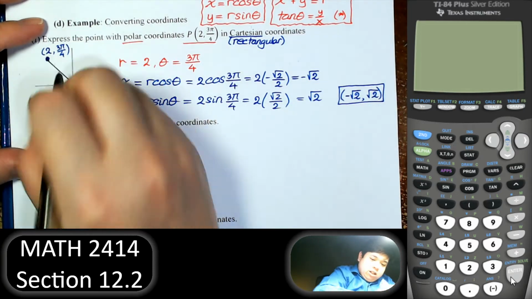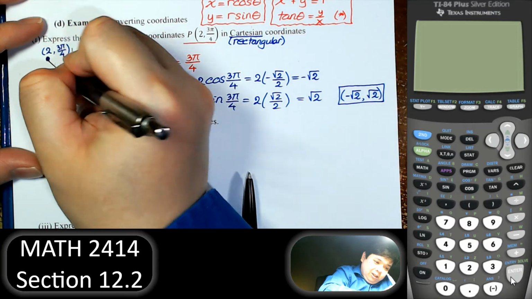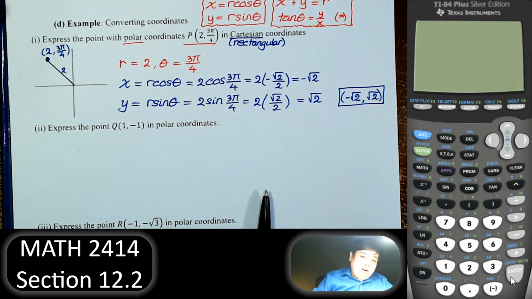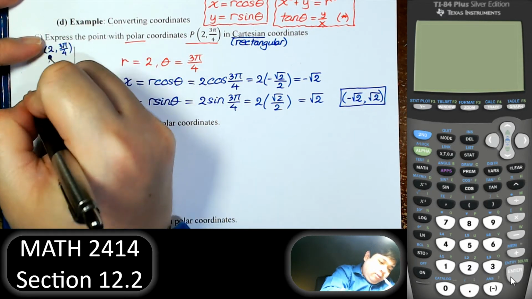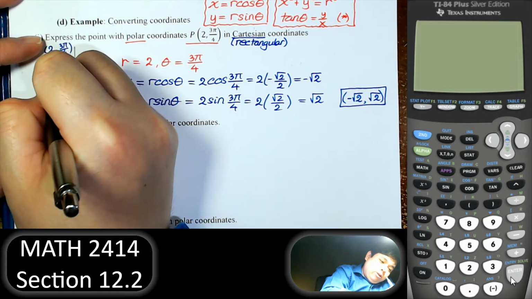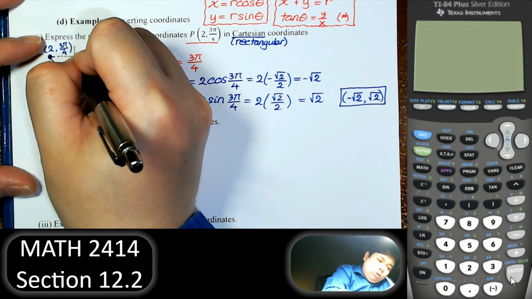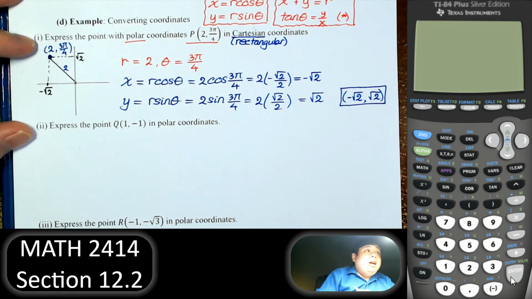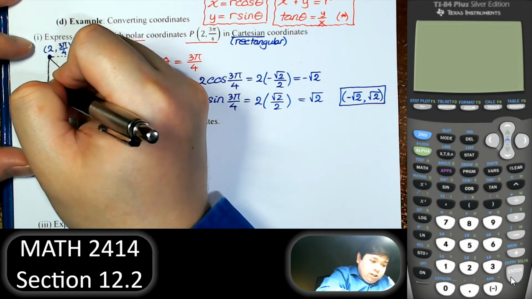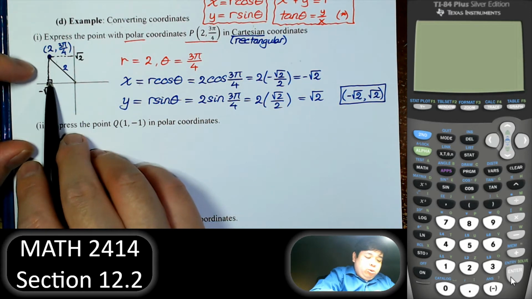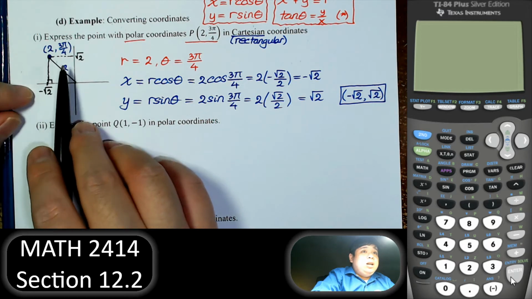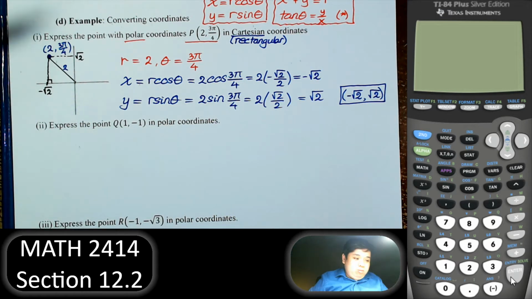Right, so the distance is 2, angle 3 pi over 4. Right, now if we write this into the x and y coordinates, x will be negative square root of 2, and y will be square root of 2. And if we want to, we can confirm that in a triangle, square root of 2 squared plus square root of 2 squared is going to be 2 squared, so that's correct.